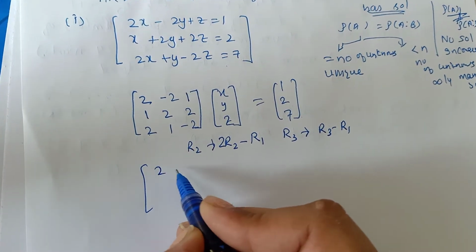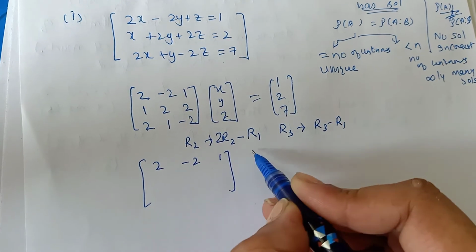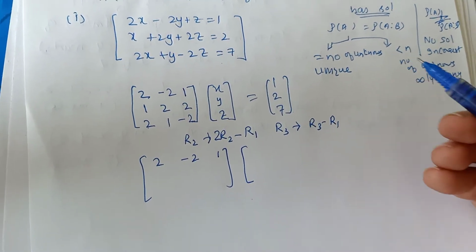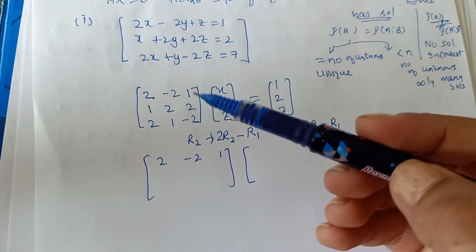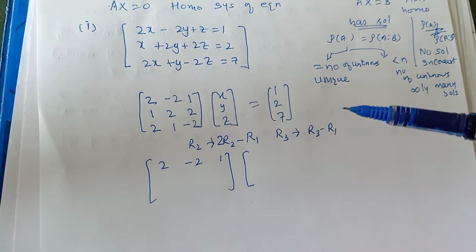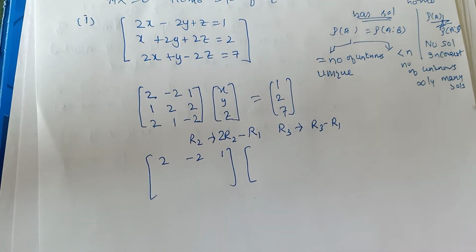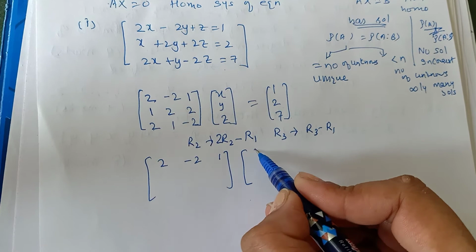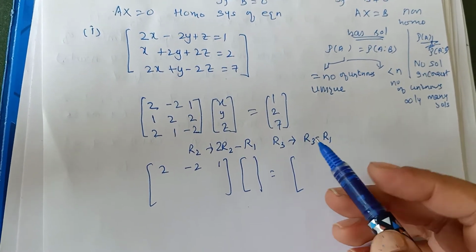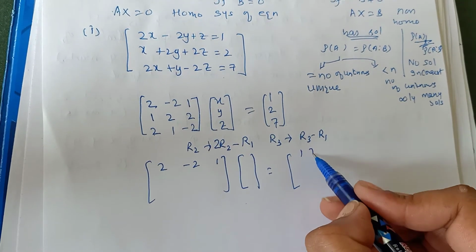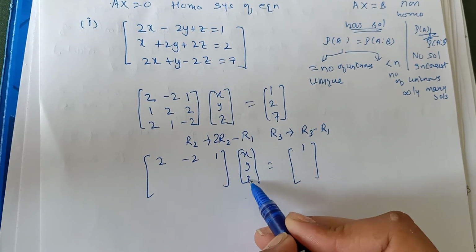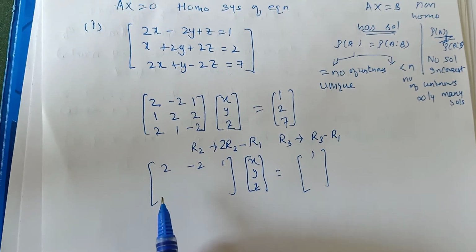So R1 will remain the same. Please remember, since we need the rank of A augmented B also, the operations we are applying on this side, the same operations we will be applying on the other side also. So this 1 will remain the same. Do not apply any operations on these unknowns.